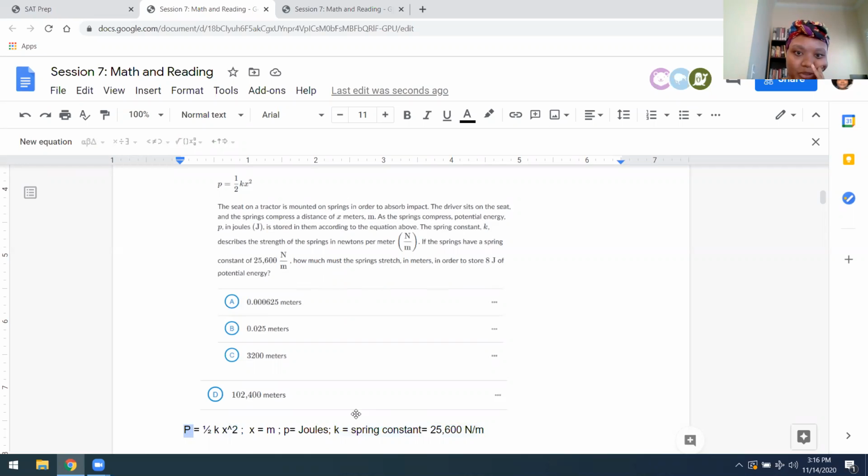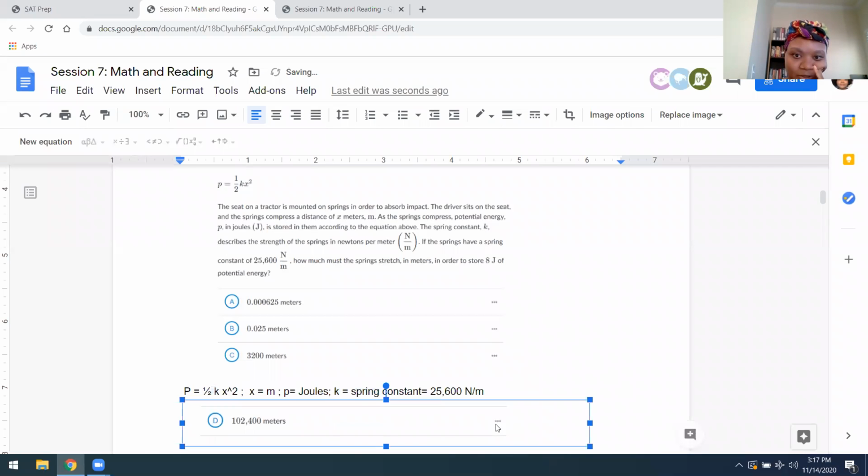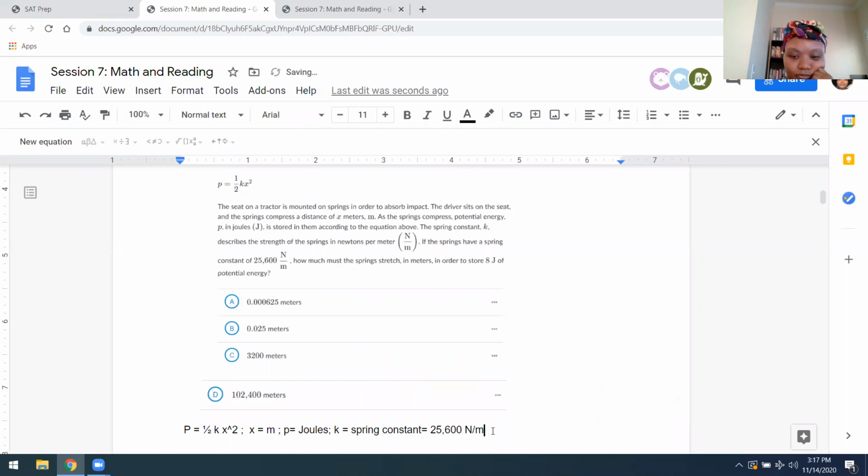Remember, potential energy is in joules, so P equals 8 joules.